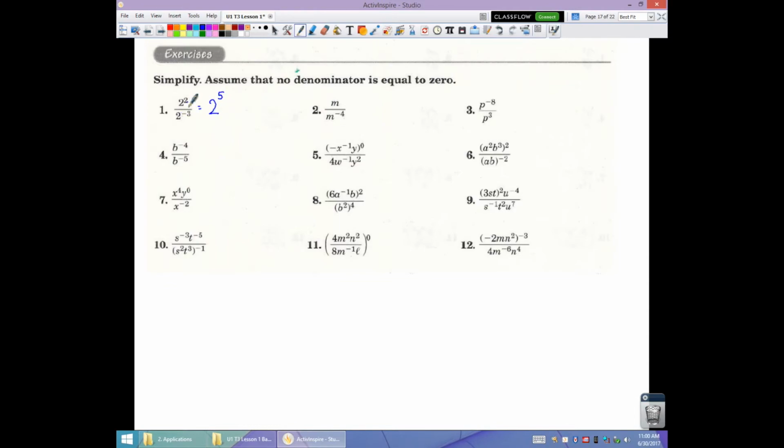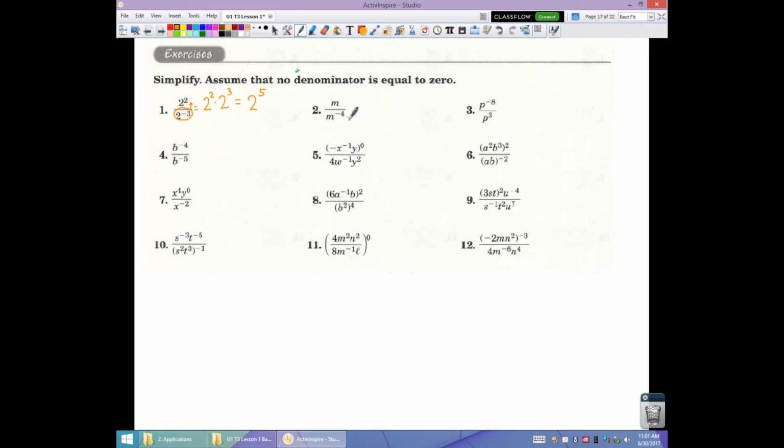Now, if working with subtracting negatives is a problem, an alternative here is to always take every negative exponent and make it positive before you even start the problem, before you start simplifying anything else. So that would change this into 2 squared. If this negative exponent needs to be made positive, it has to come to the numerator. So it would be times 2 to the positive 3, which is another way to get 2 to the 5th.